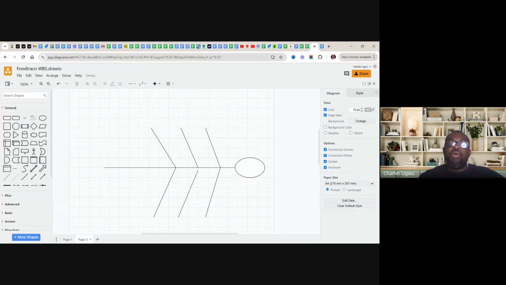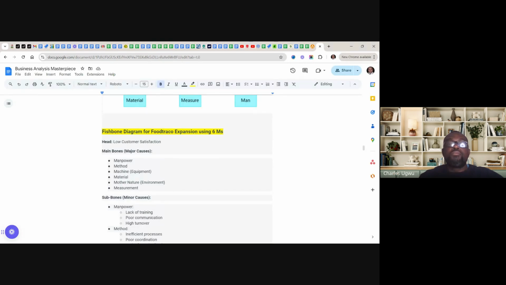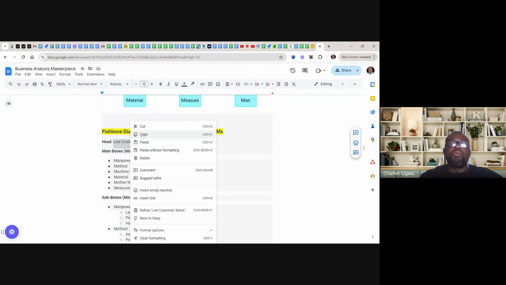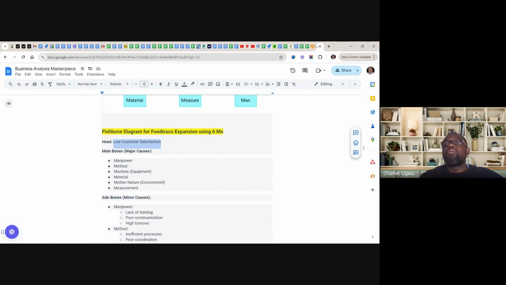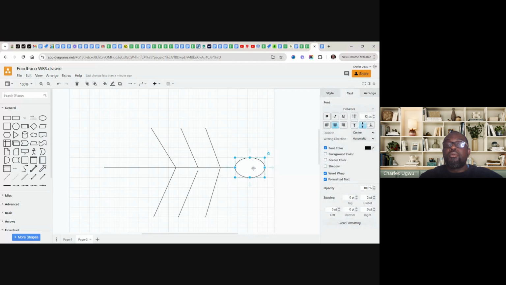Okay, importing data to Fishbone. Let's see. This is the main cause. The head here is low customer satisfaction in FoodTrackr. That is it, the main problem they are facing.